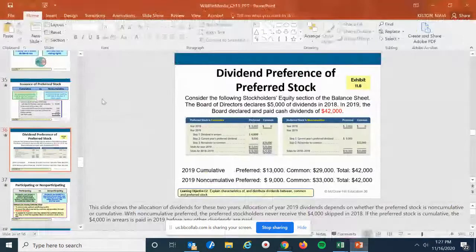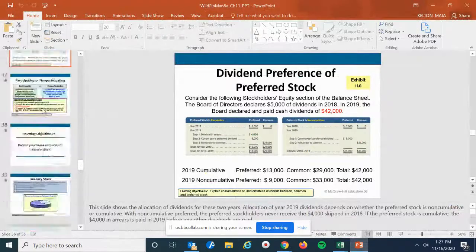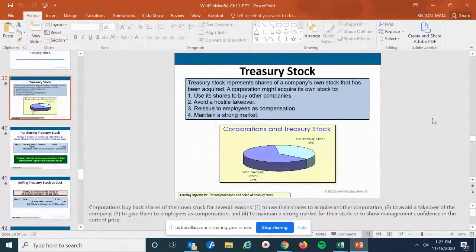Okay, so let's talk about, we are going to go to Treasury stock. So Treasury stock is actually interesting, because remember, the company authorizes a bunch of shares, and then they issue a different number of shares, which is usually less. So at some point, the company may decide to buy back their own stock.